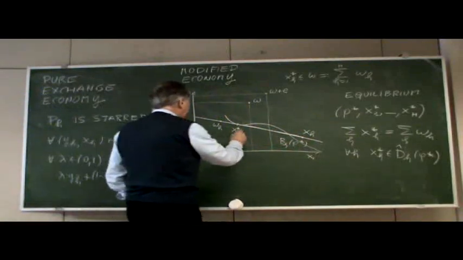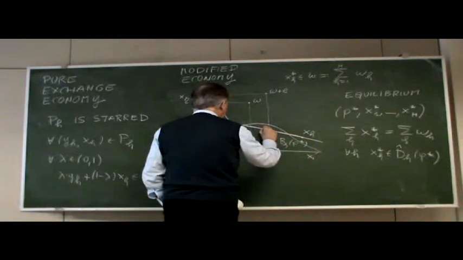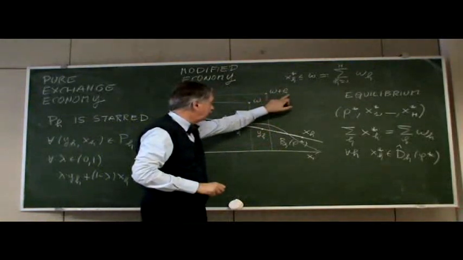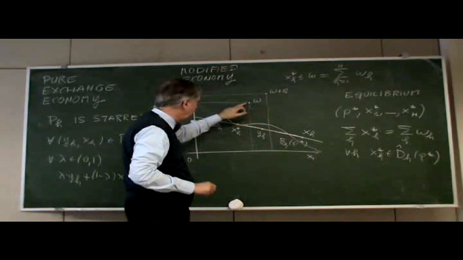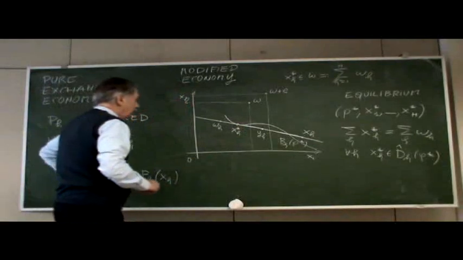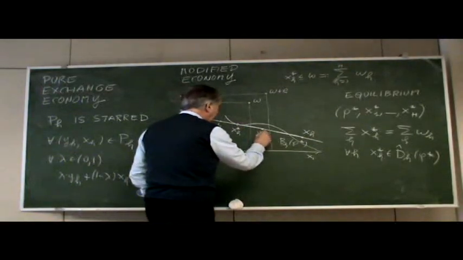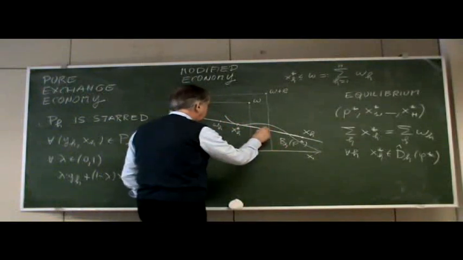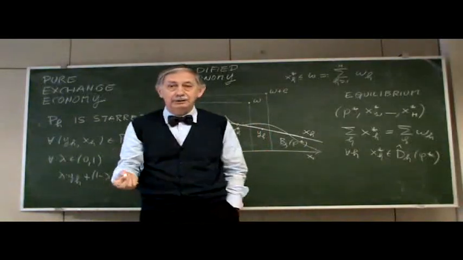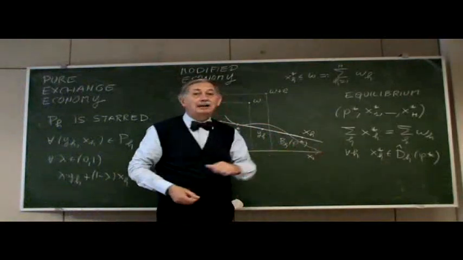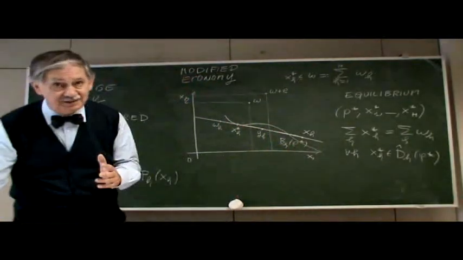In particular, a point like this, say YH, which has all the components less or equal than omega plus E, but some component greater than the corresponding component of omega. So this YH belongs to the truncated budget constraint, and it is preferred to the optimal point. Impossible. This is not compatible with starredness of preferences.